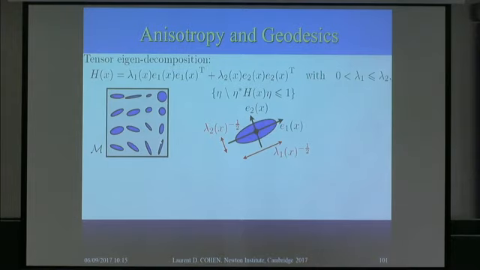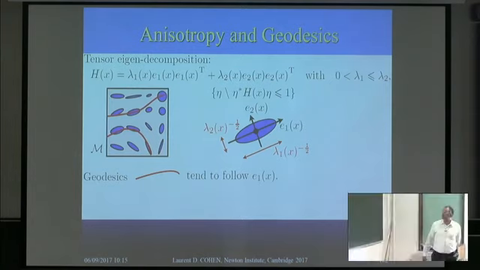So when an ellipse is very elongated, lambda 1 is much smaller than lambda 2, which means there is a much larger anisotropy, with a preferred orientation: in the direction E1 you will have a much smaller length than in the other direction. The long axis of the ellipse is a preferred orientation for the geodesics, which will tend to follow the orientation of E1.